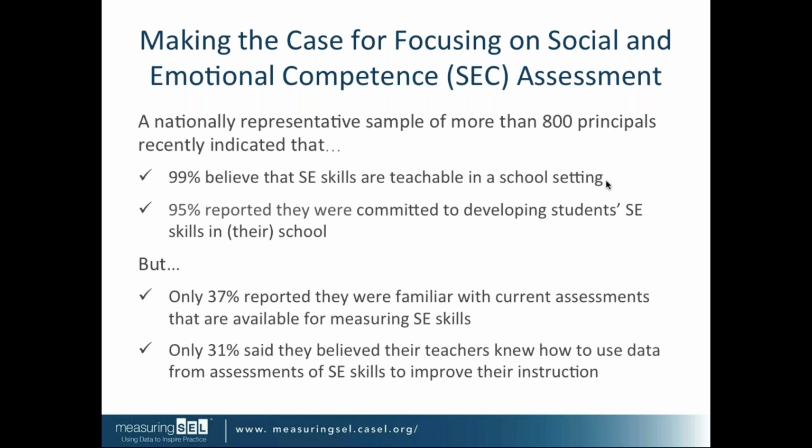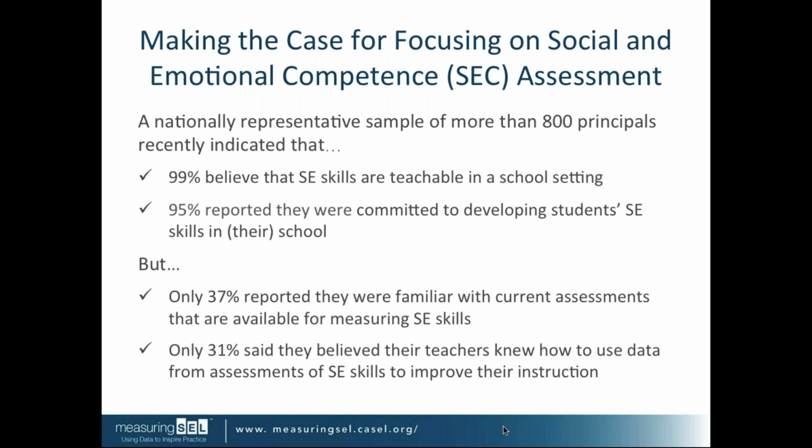In a recent nationally representative sample of principals that we surveyed, we saw that overwhelmingly there is support for social emotional learning. More than 99% of principals we spoke with reported that they thought these competencies were definitely teachable in their students and that they were committed to fostering them. But you can see the stark difference.